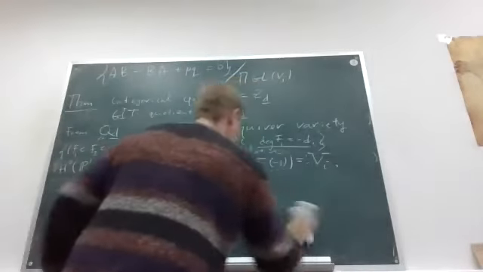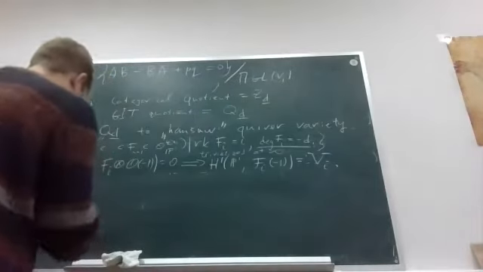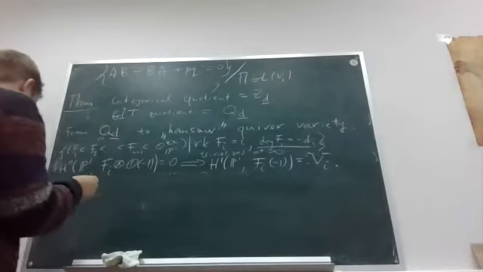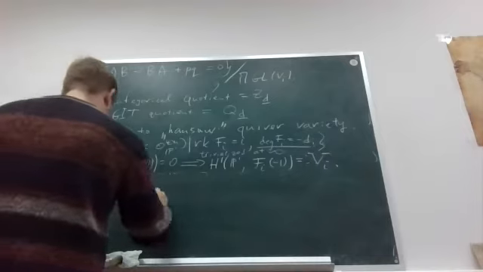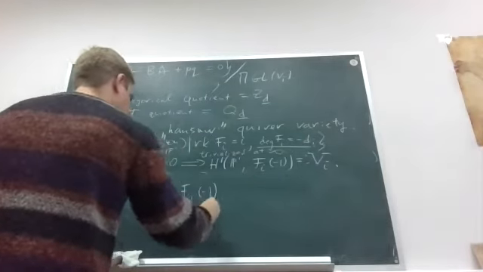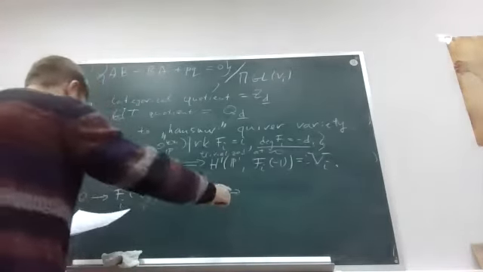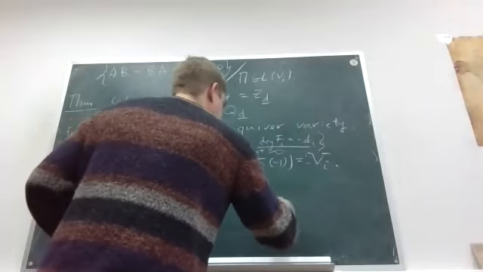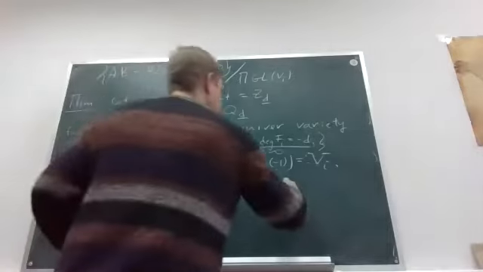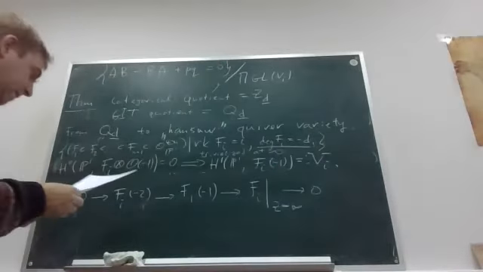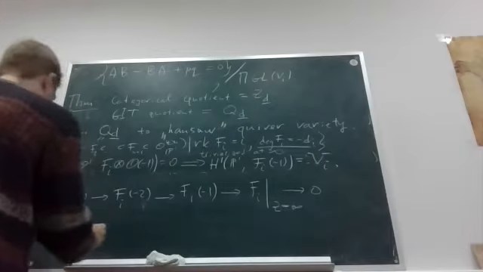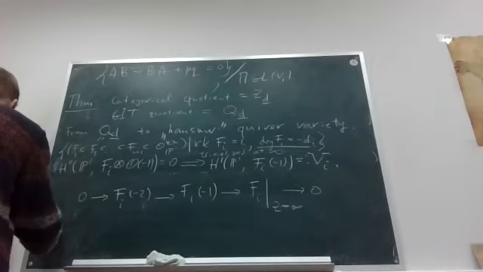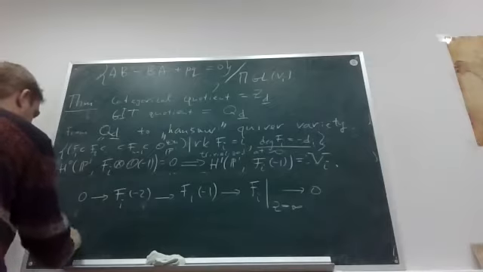Next, from the exact sequence 0 to Fi of -2 to Fi of -1, with the skyscraper at infinity, I have one exact sequence, which gives H0 of Fi of -1.